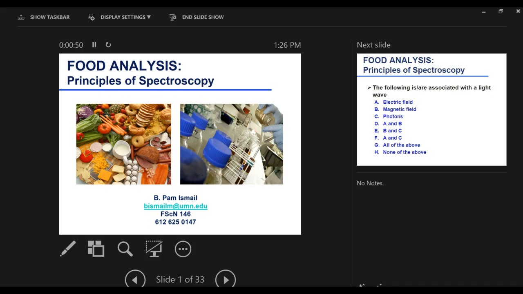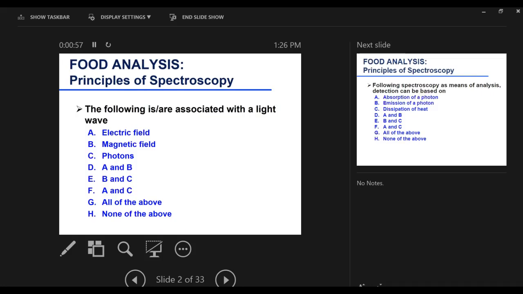Let's talk about waves and stuff. What do we know and what do we remember? Hayden remembers something. I'm going to go with C. Hayden went with C. Anybody else either support Hayden or say you're wrong, Hayden?